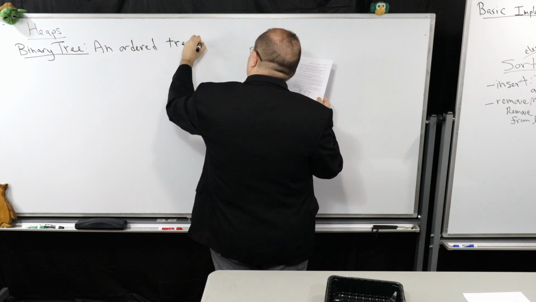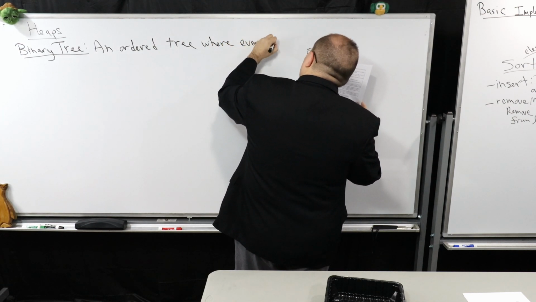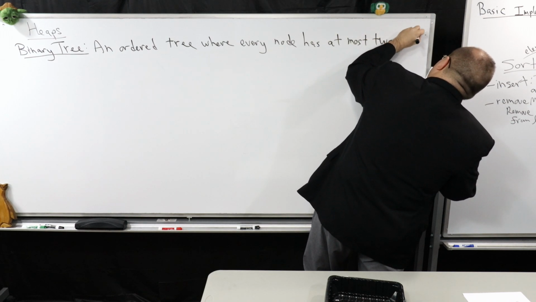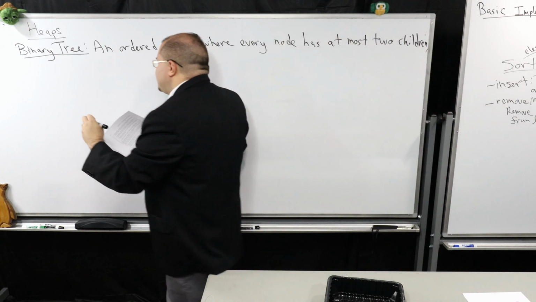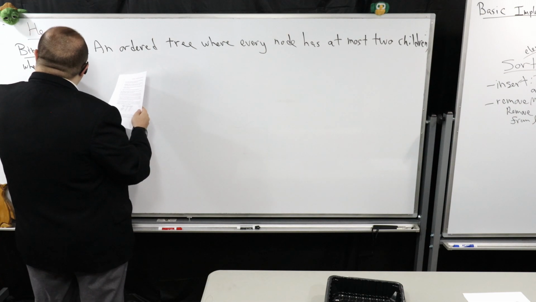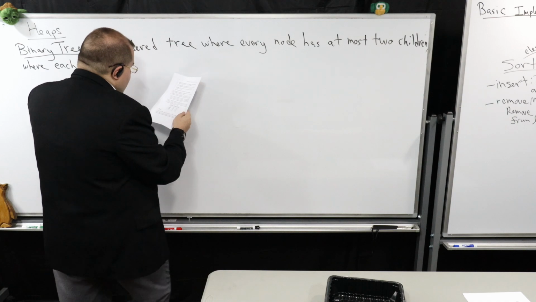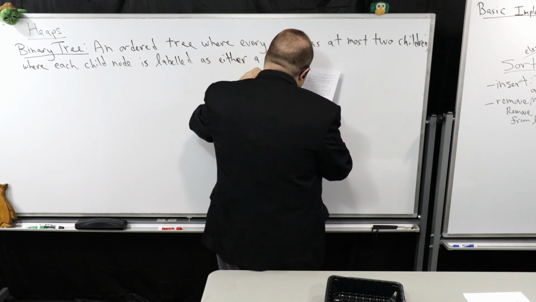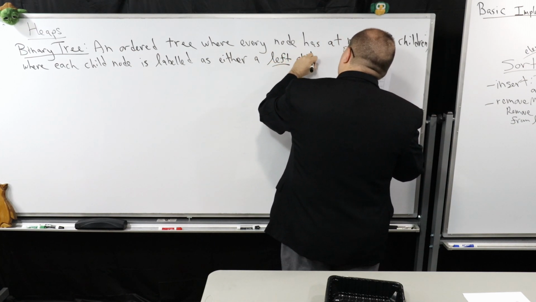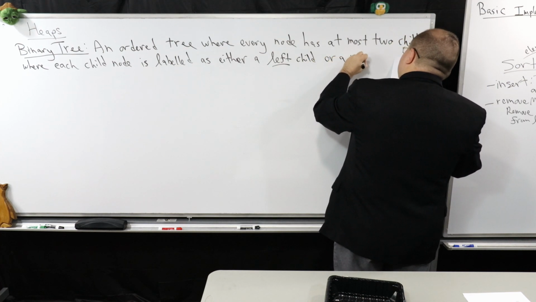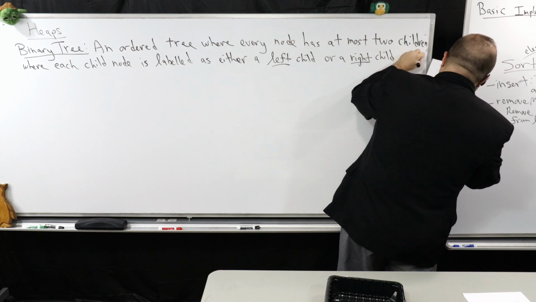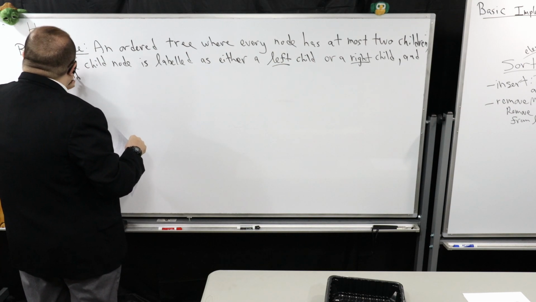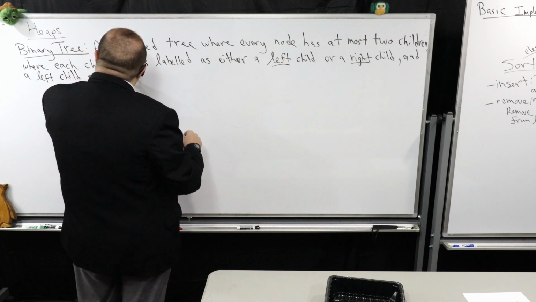It's an ordered tree where every node has at most 2 children, where each child node is labeled as either a left child or a right child, and a left child precedes a right child.